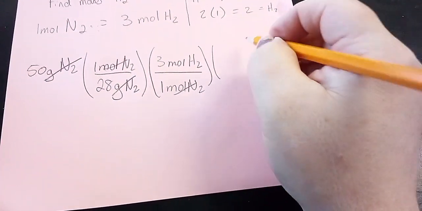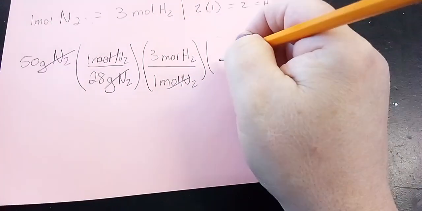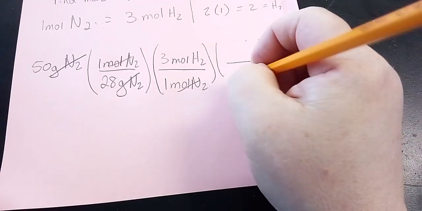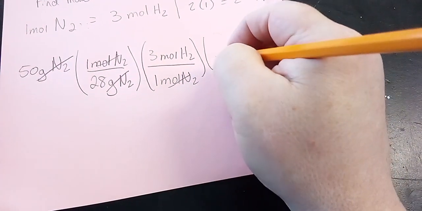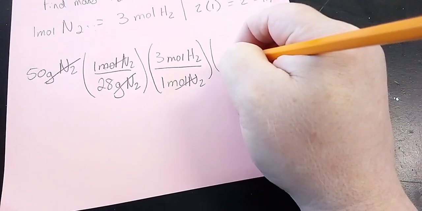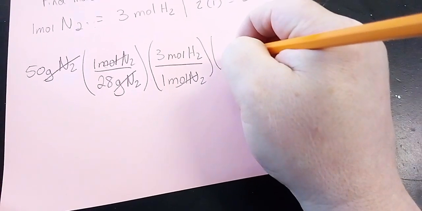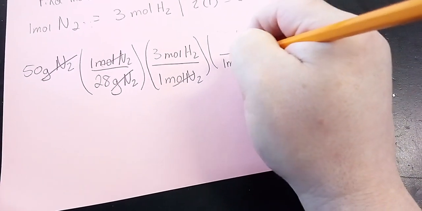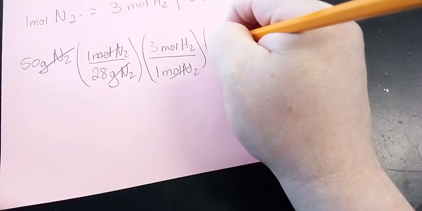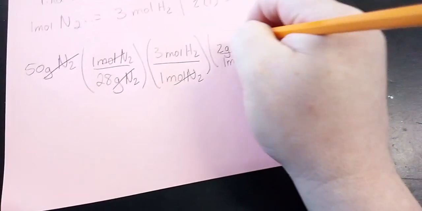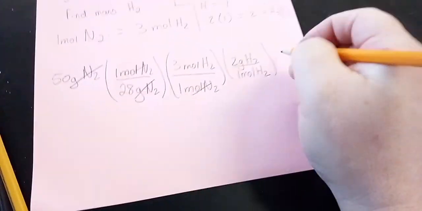Now I have to convert the moles of hydrogen to mass of hydrogen. So I will do that by multiplying by 2 grams of hydrogen per 1 mole of hydrogen.